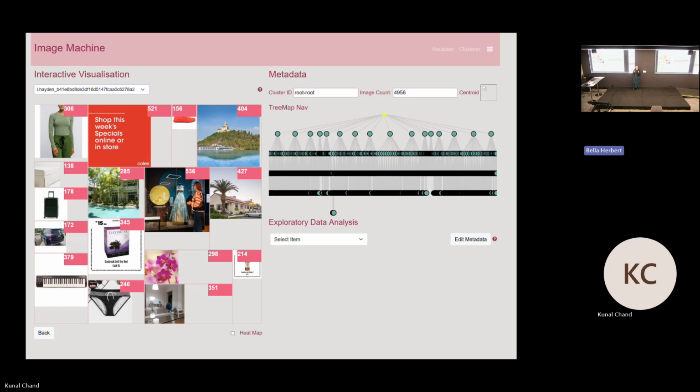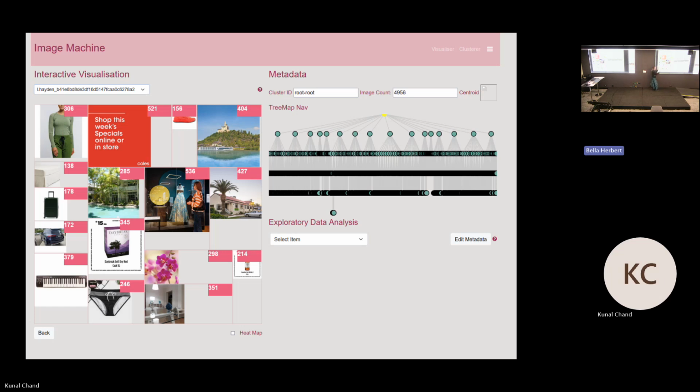But if we drill into alcohol advertising in particular, you can see straight away that, I guess I should go back a step to your tree map. Or no, you don't have to go back in the slides, but this is what Kunal was talking about with the tree. And when the image machine clusters the images, it breaks them automatically into 16 different clusters using a k-means clustering algorithm.